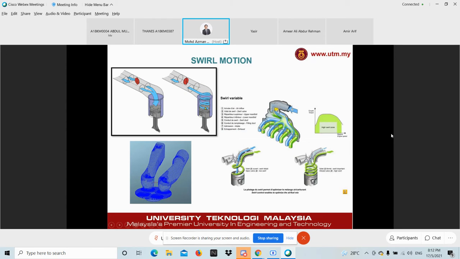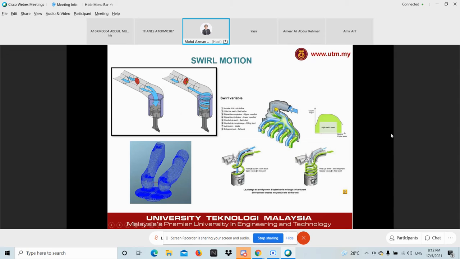If you look at the top left figure, that's a comparison between a non-swirl on the left and on the right a swirl motion. So what it does is basically designing so that the airflow has some restriction to create that swirl motion.